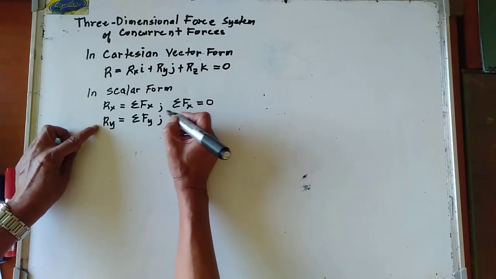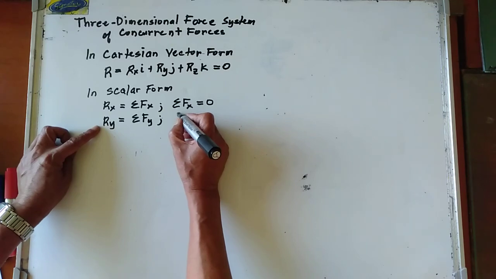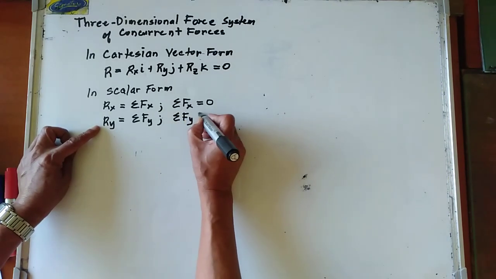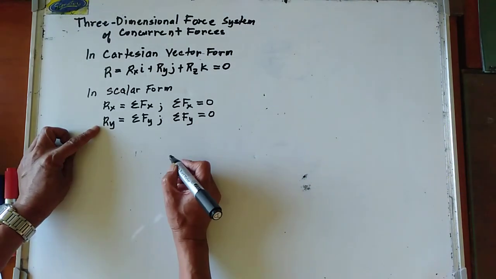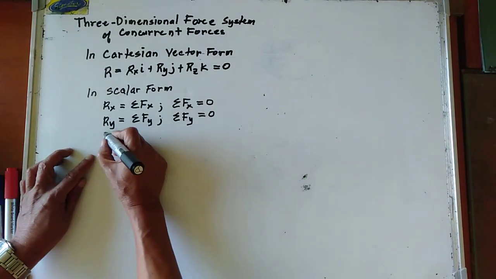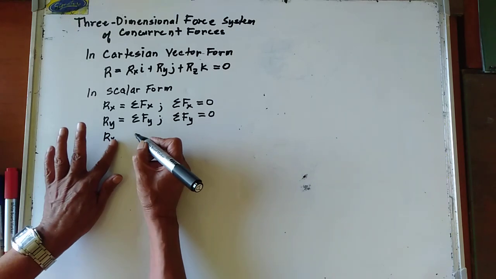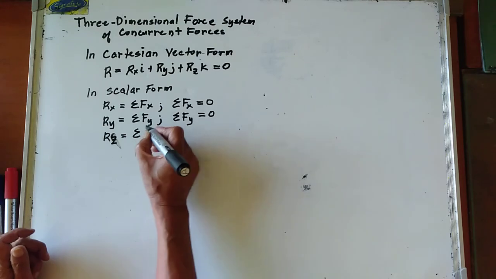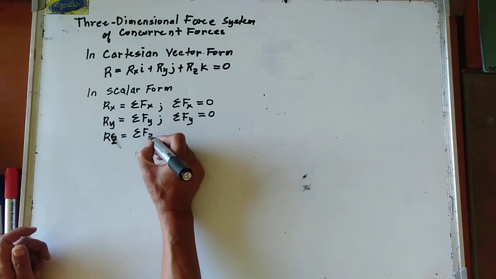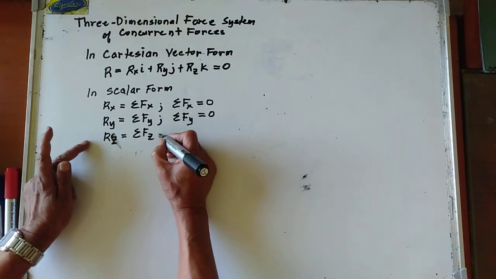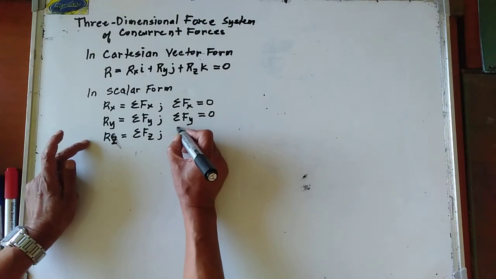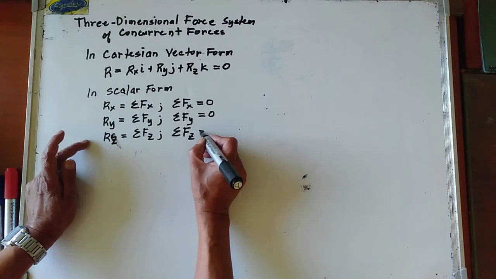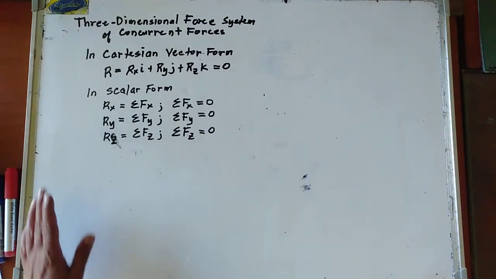Again, the resultant force is equal to 0, hence summation of forces along the y-axis is equal to 0. Your Rz is equal to summation of forces along the z-axis. The resultant is equal to 0, hence we have summation of forces along the z-axis is equal to 0.